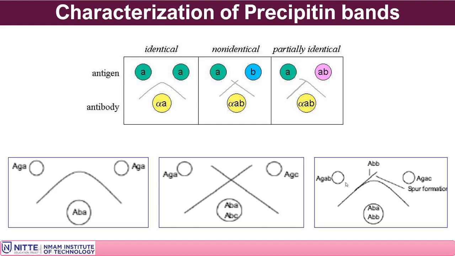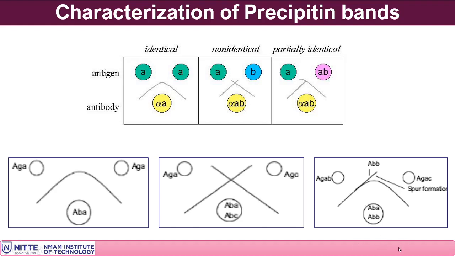Say, for example, if the concentration of antigen A or B is higher, it will push the precipitation band towards the antibody side. Vice versa, if the concentration of antibody B is higher corresponding to antigen B, it would push the precipitation band towards the antigen. Therefore, one needs to be very careful while demonstrating the precipitation bands.